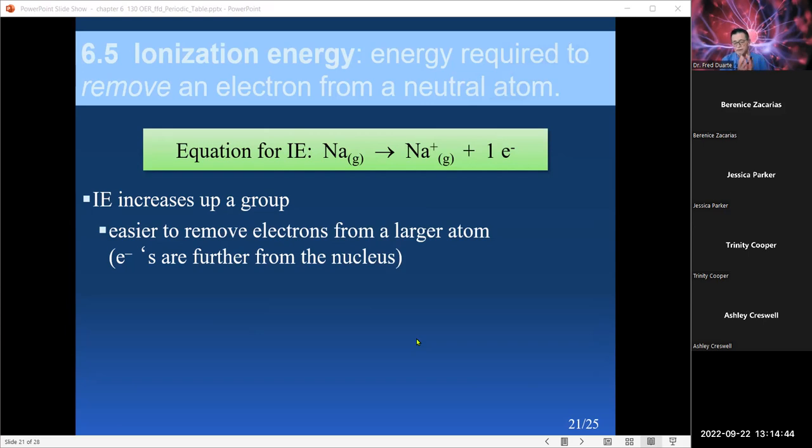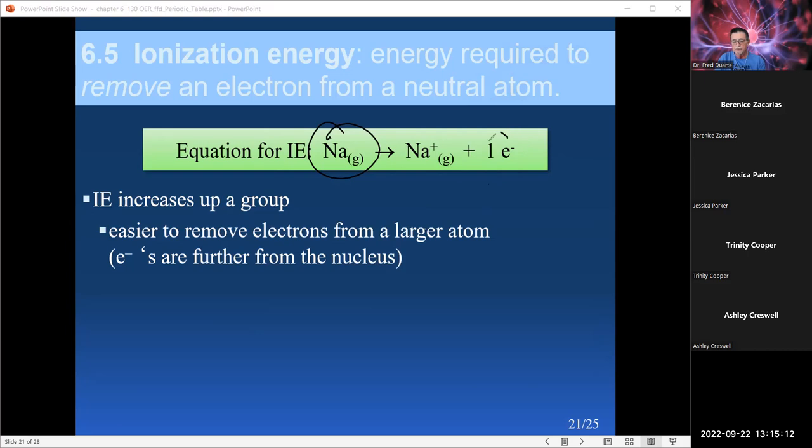It's defined as follows. First of all, we're looking at a neutral atom, so we're looking at an element. Then it is placed under conditions so that it tries to remove an electron. The process is shown in this equation here, where you've got elemental sodium, in which energy is put into the system and measured.